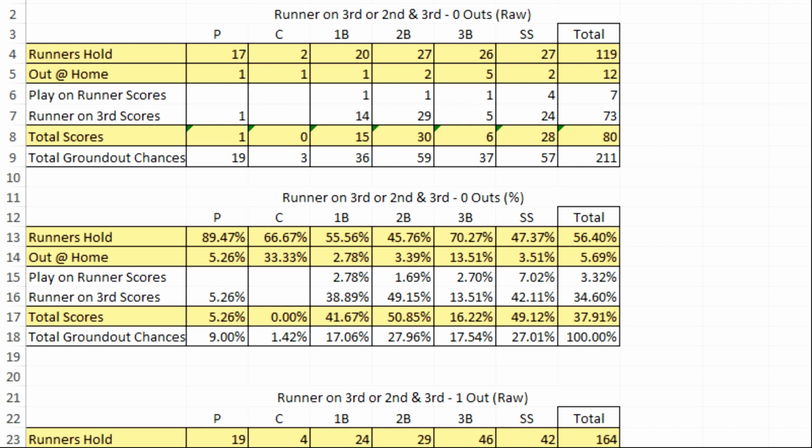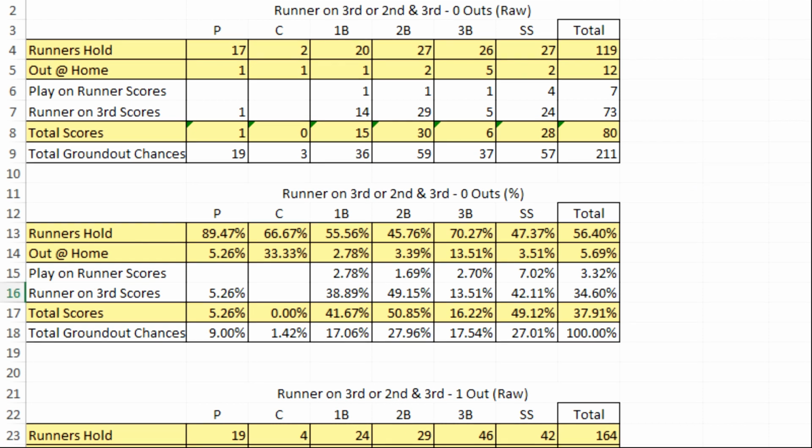The other caveat is that I only know the final outcome of the play. So sometimes the final outcome of the play may not tell us everything that happened during the play, if that makes sense. In this case, I've broken it down between 0 outs and 1 out, just to see if there was a difference on the runner on third trying to score based on the out situation.